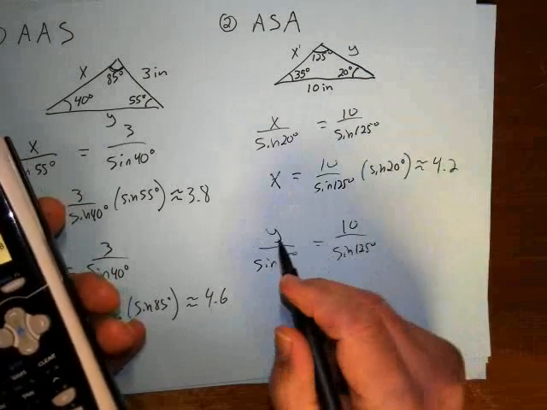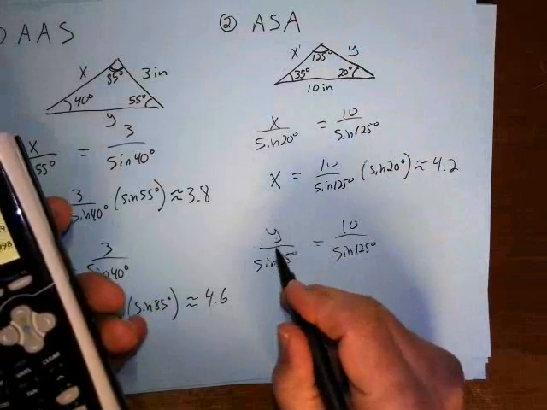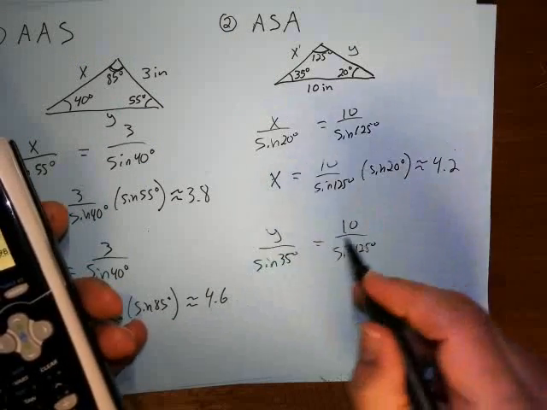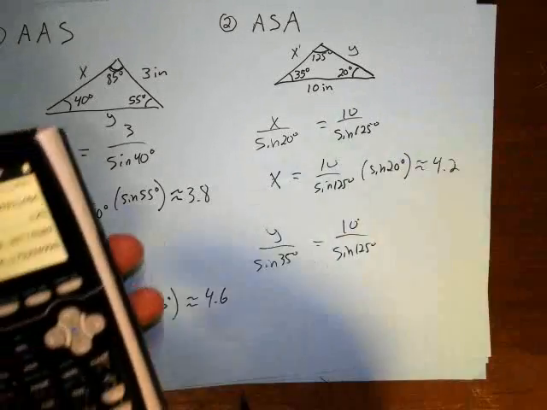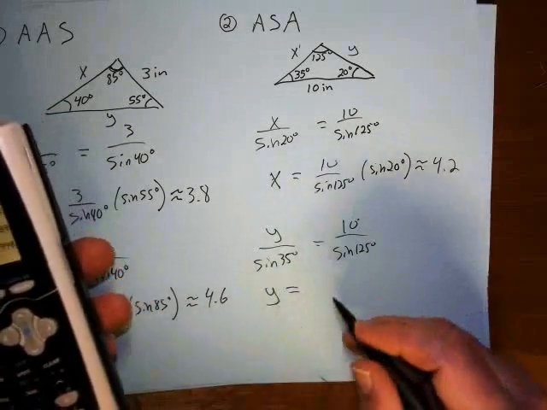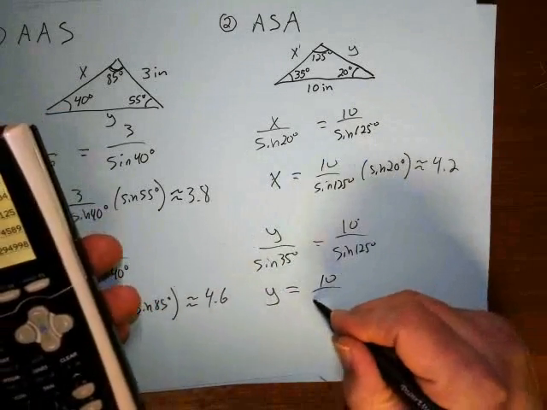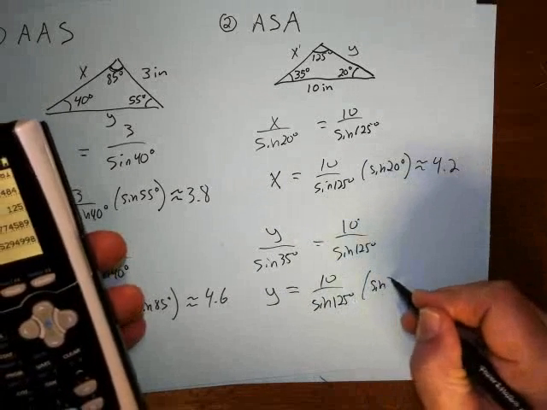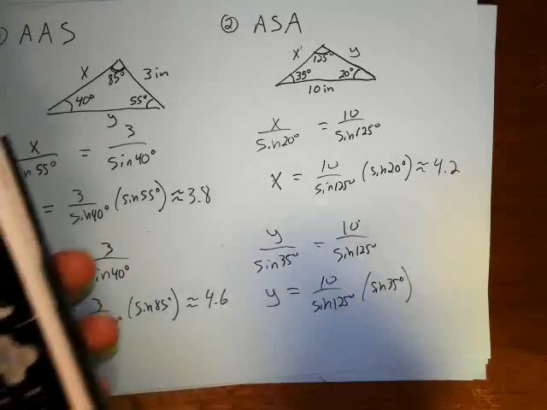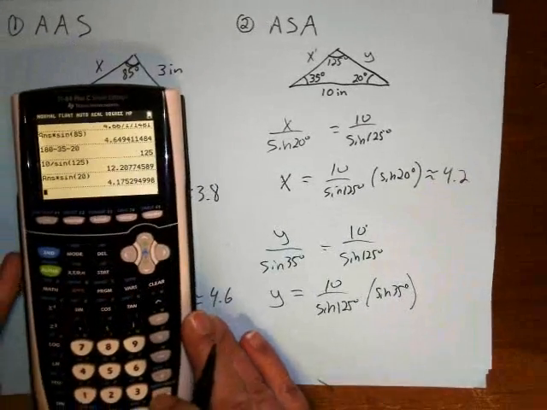Okay, so in this case, the side lengths are on top, the sines of the angles are on bottom. The side length divided by the sine of the angle. Okay, they have to match like that.